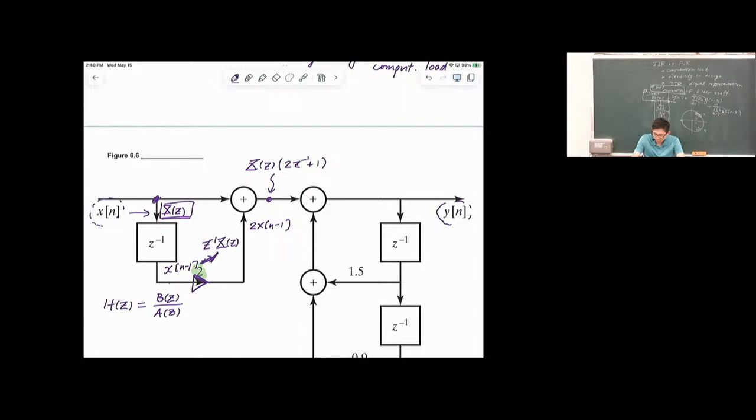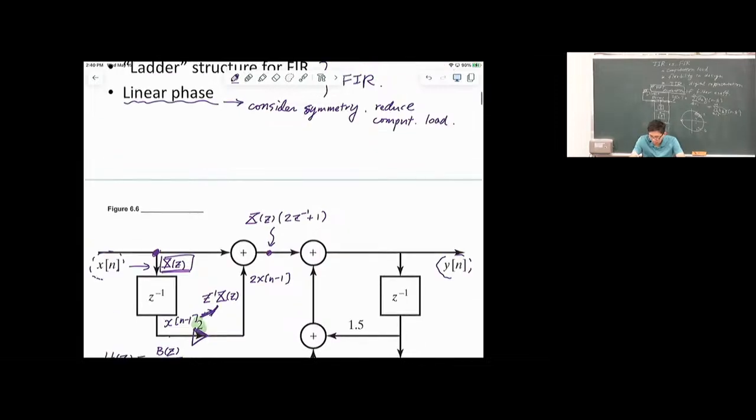subsequently, we perform summation of this with this. There are 2 arrows pointing to this summation, right? We have 2 arrows pointing to the same summation. Therefore, we add them, and the result here really corresponds to 2 times x n minus 1 plus x of n.